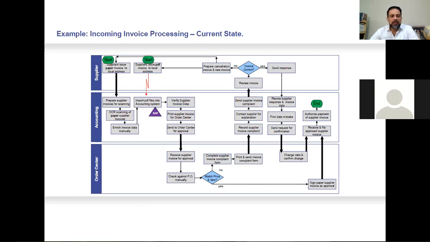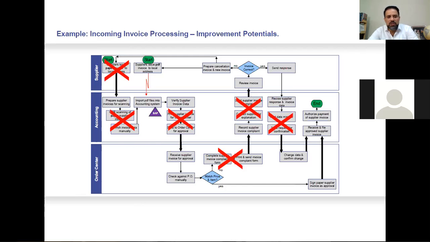The same thing applies when we are printing the supplier invoices for the order center, then sending them to the order center for approval. All of this is not required. Once the invoice data is verified, it goes directly to the order center. Why do we need to print it and send it to them versus we can just send it?